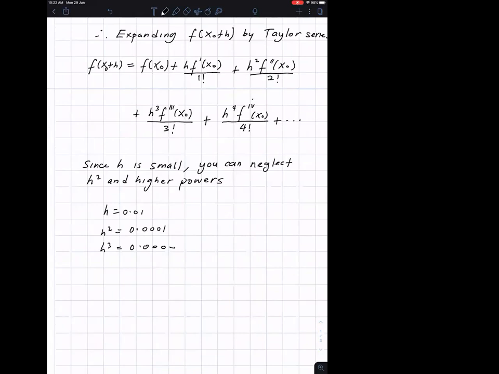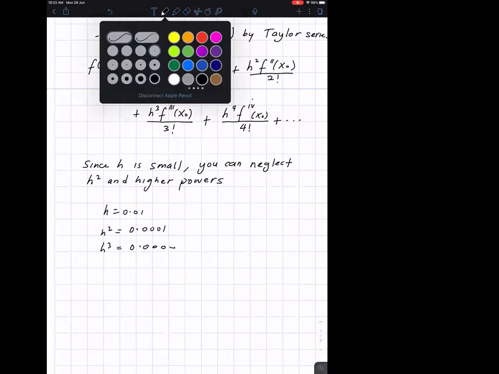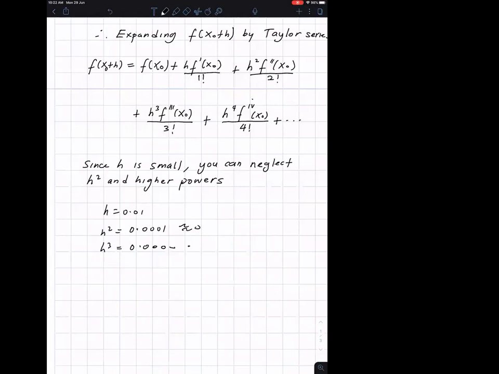So you can ignore all these higher orders because they are almost zero.